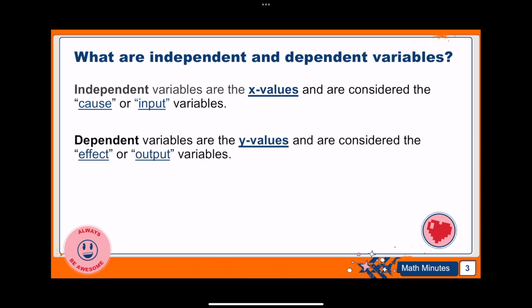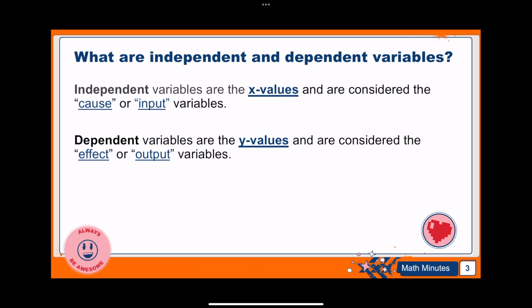Dependent variables are your y values, and they're considered the effect or the output variables. Some are easy to identify what the cause and what the effect is. You'll often see these written using input-output tables where there's clearly one that's making the other one happen. The independent variable is the input or the cause, and the dependent variable is your output or your effect.